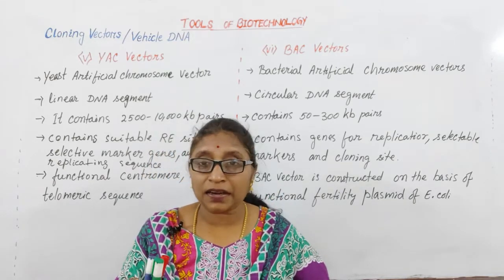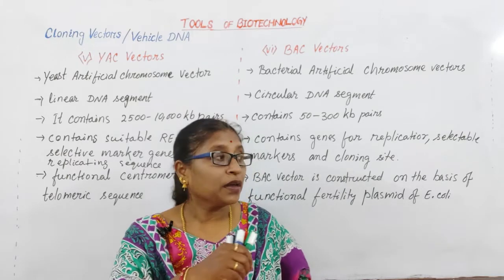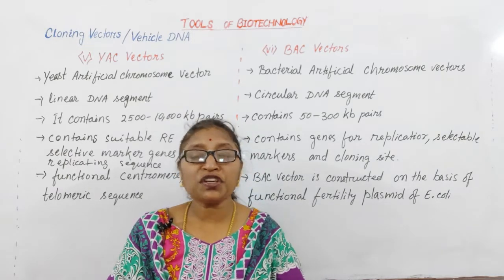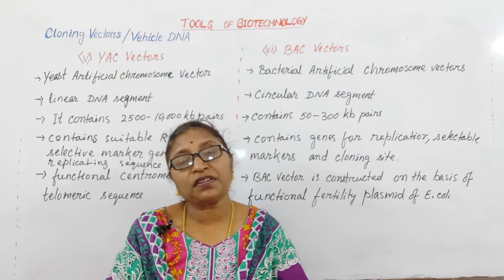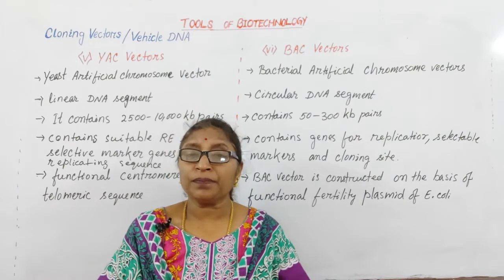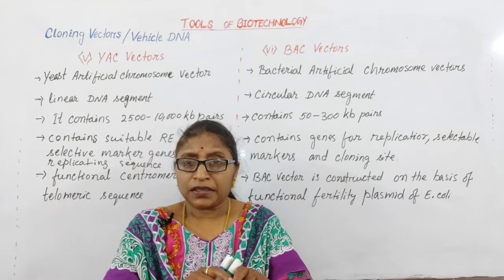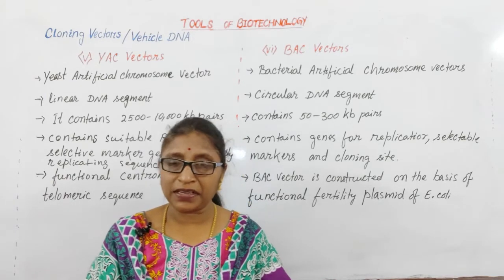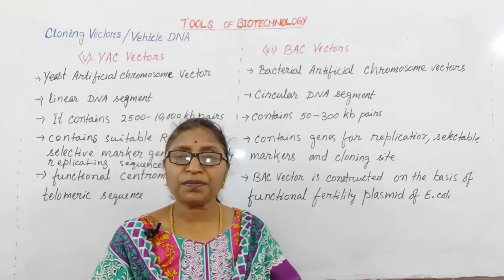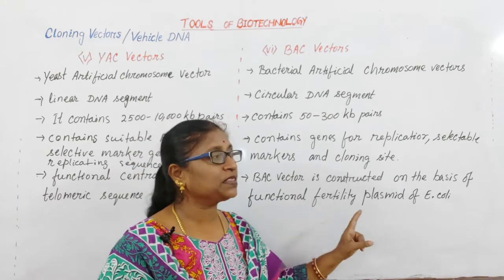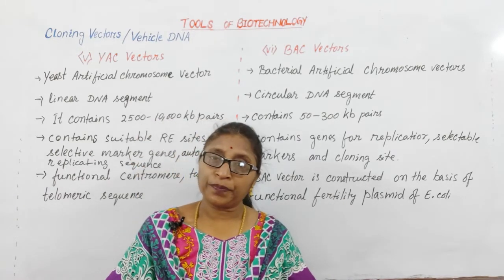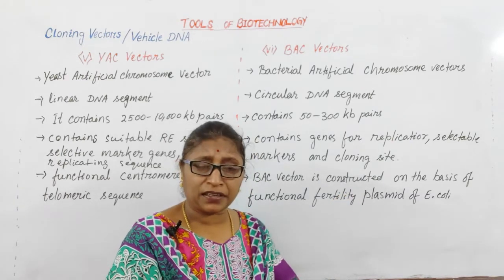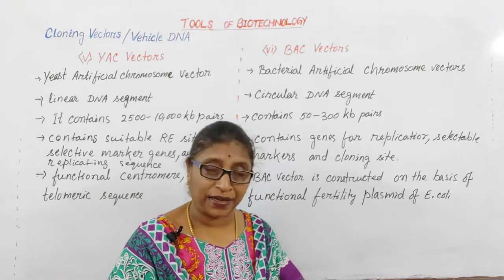These plasmids are also capable to maintain the distribution of the plasmids even after the division of the E. coli cell, bacterial cell. After the division of the cell also, the distribution of the plasmids is maintained.